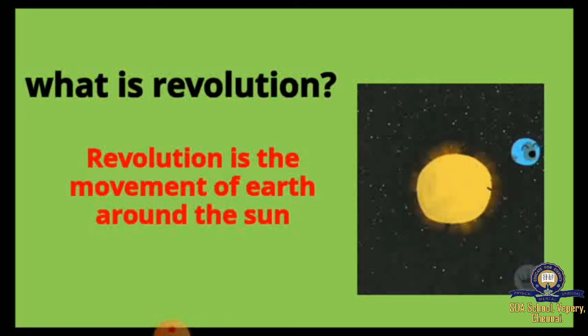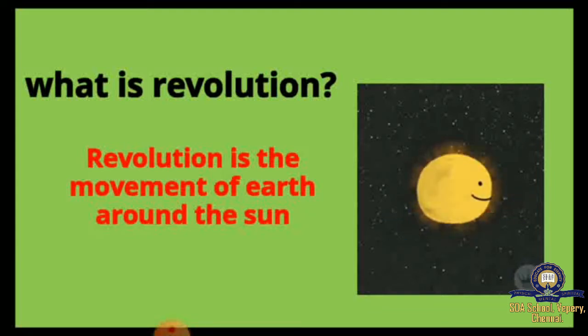Earth orbits the sun at an average distance of 149.60 million kilometers, and one complete orbit takes 365 days, that is 1 year. The sun at an average distance of 149.60 million kilometers, childrens, and one complete orbit takes 365 days to complete.